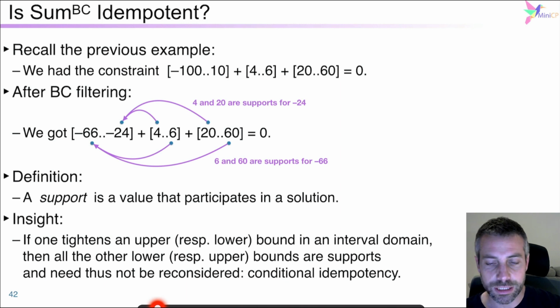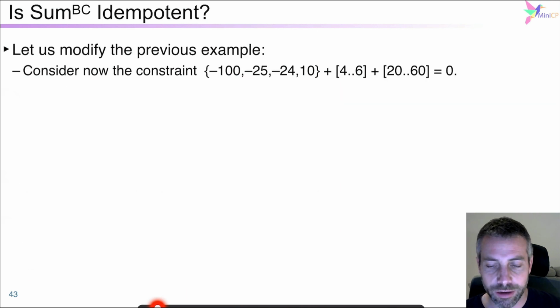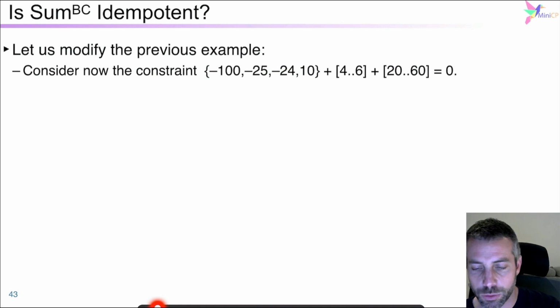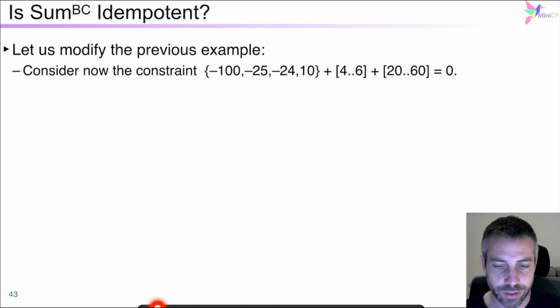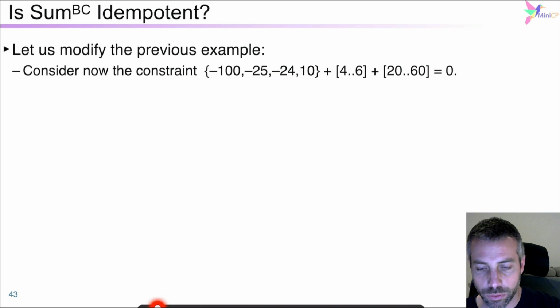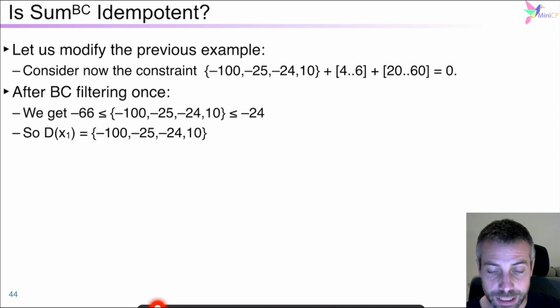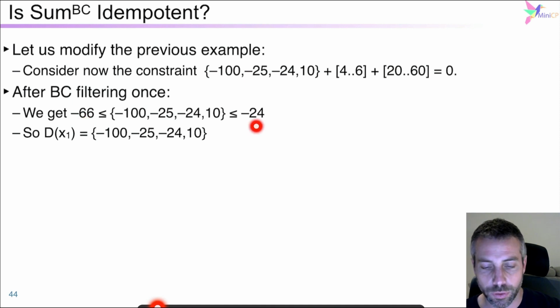Let's now consider the situation in which we don't have an interval domain for the variable x1. Instead, we have a set of values. We have 4 values for x1: minus 100, minus 25, minus 24, and 10. The update will be the same as before. We will constrain x1 to be within the interval minus 26, minus 24.